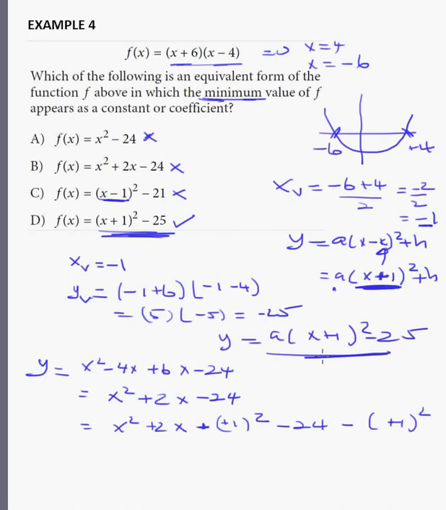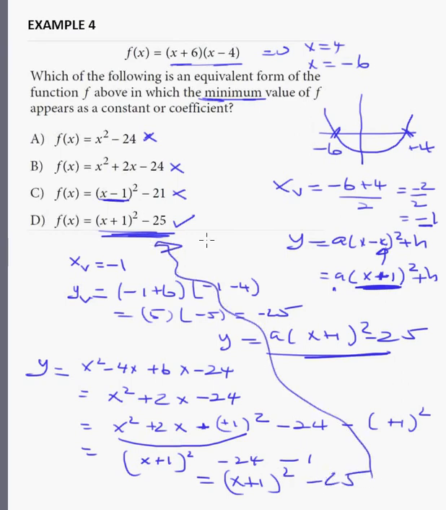This is how you do what we call completing the square. This whole part becomes x plus 1 squared, and I have minus 24 minus 1 squared, which is 1. So this becomes x plus 1 squared minus 25, and that is equal to this. Is that beautiful?